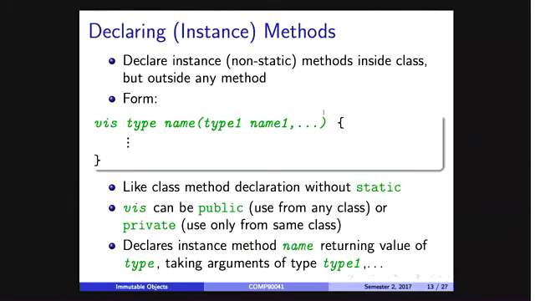Other methods can use that method, but other classes outside of this one can't call that method directly. So this declaration says we've declared an instance method called name. It's going to return type, and it has arguments of type 1, type 2, type however many arguments we declare.